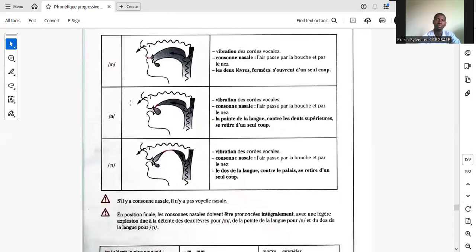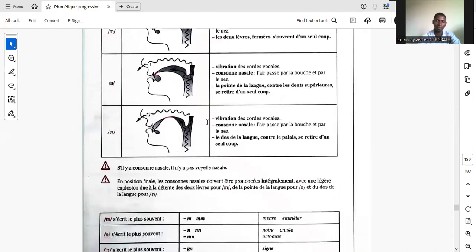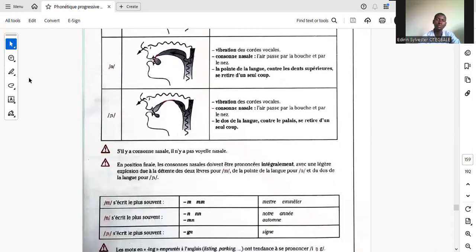So these are examples. Now, how do you realize these phonemes in a word? What are the graphies? The letter M gives you that. But mind you, the M must not be preceded by any of the vowels. So if it's like that, it's going to be nasal.